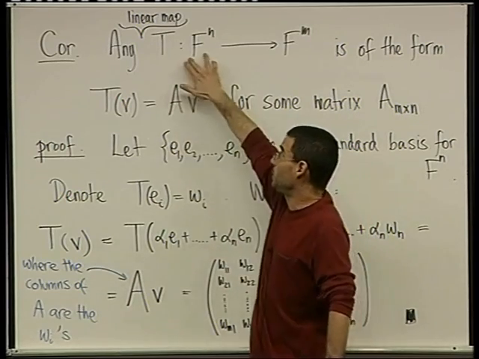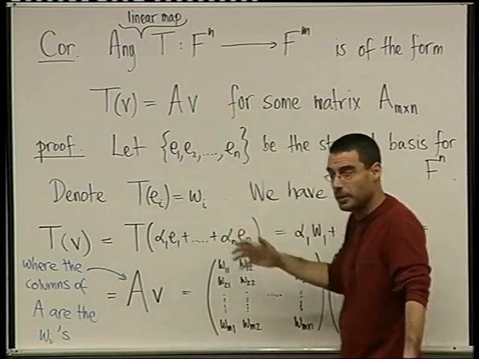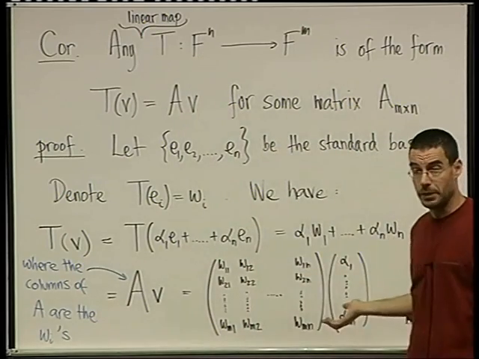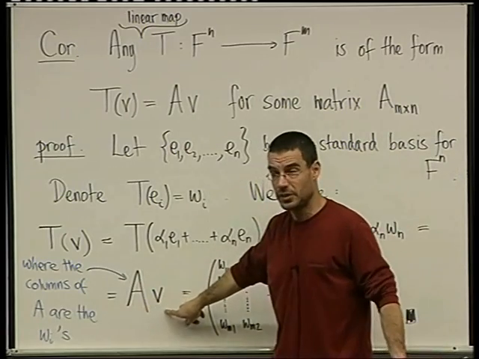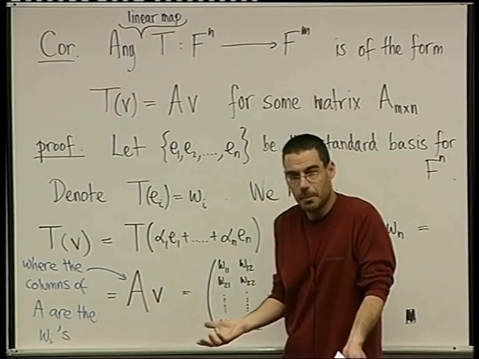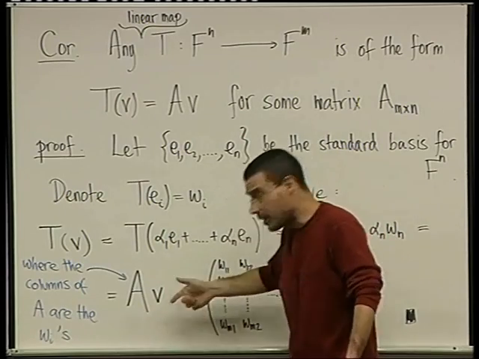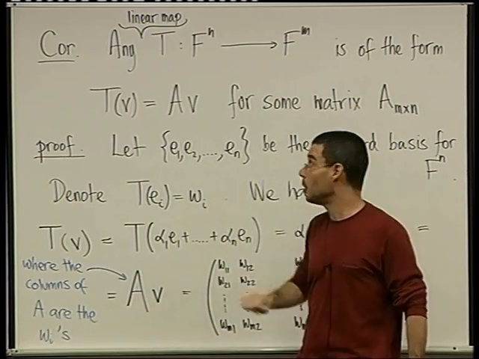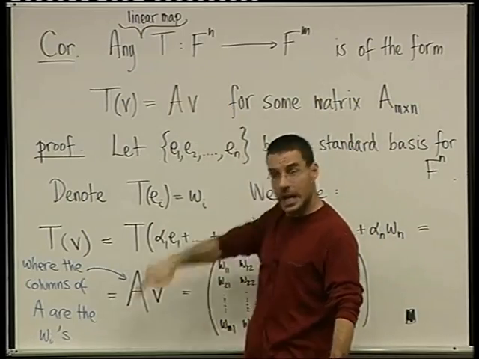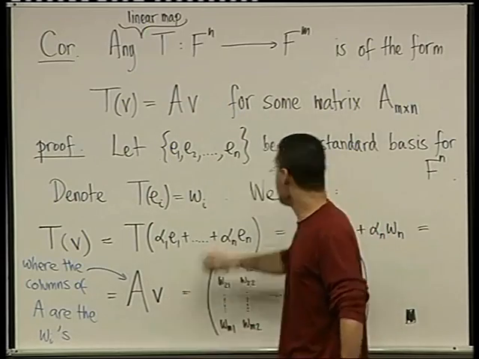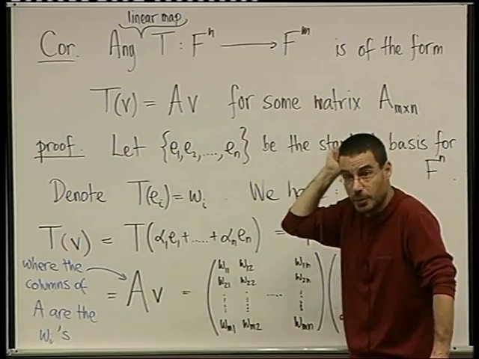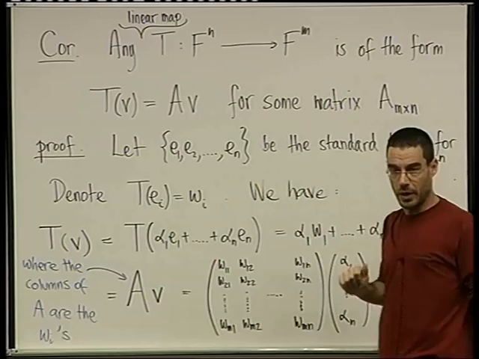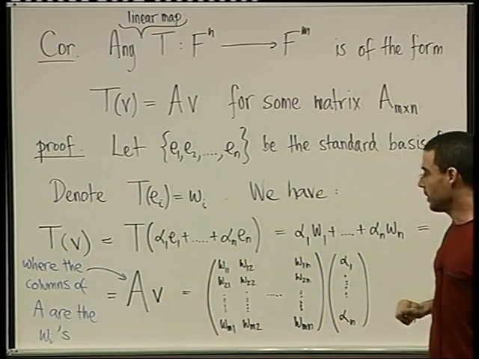Okay, because if this is a space of polynomials, I don't know how to multiply a matrix by a polynomial. It doesn't make sense. AV, where A is a matrix and V is a polynomial, doesn't compile. But if V is the coordinate vector of the polynomial, it's going to be somewhere here, and A is going to know what to do with it. And it's going to send it precisely to something here, which when I translate back to polynomials is going to be what I want. Okay? So that's coming up next.